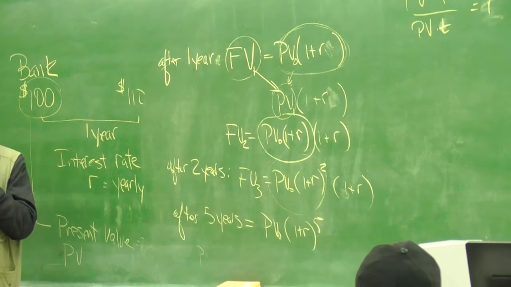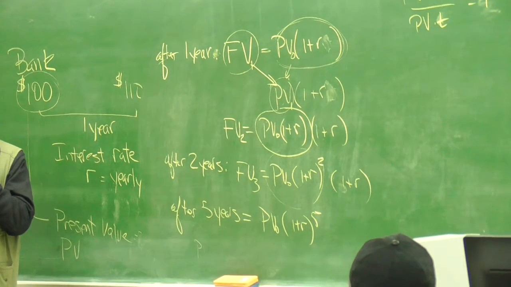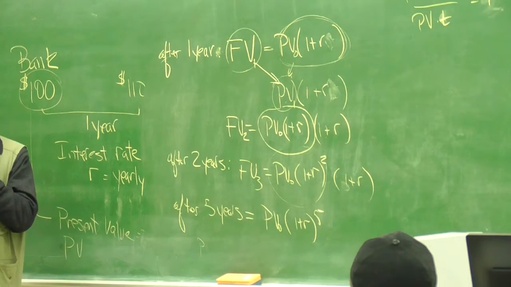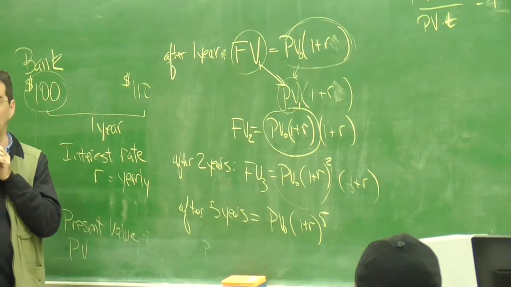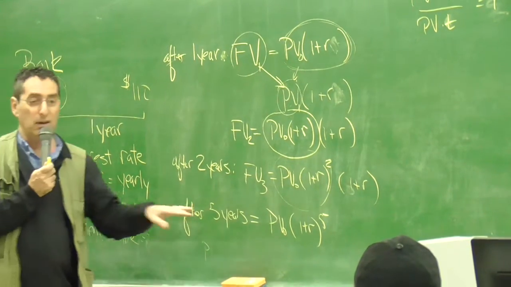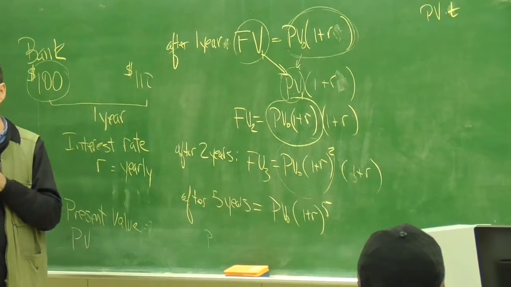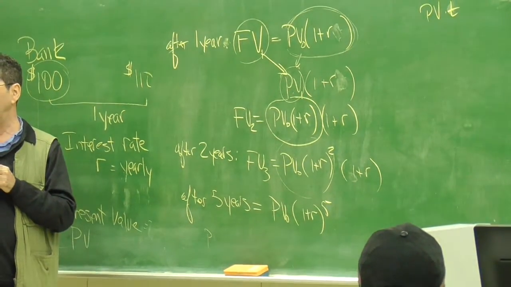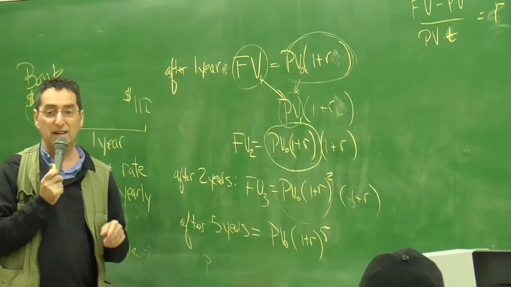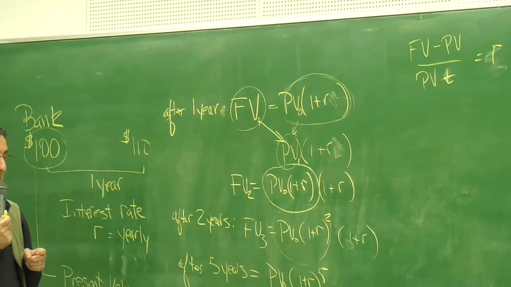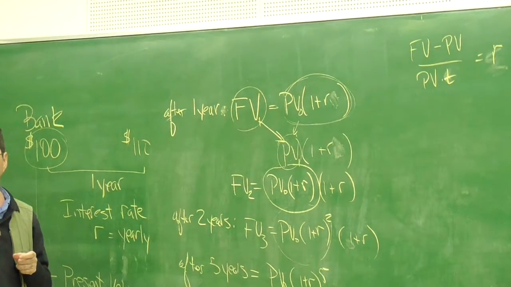They wouldn't teach it to us if it didn't work out nicely. They'd just say, there's nothing interesting about it. You just have to do it manually and, whatever. But it turns out to work out nicely, so that's why we even bother studying it, I guess. Okay? Anyway, it does work out nicely. PV times 1 plus R to the 5.